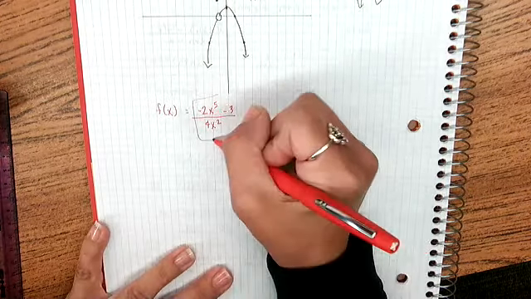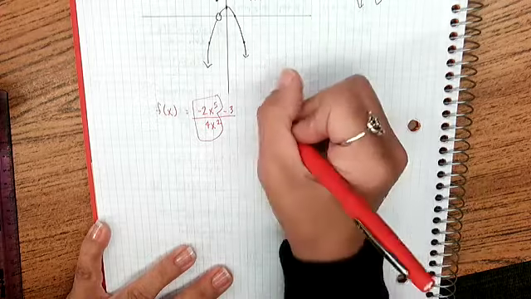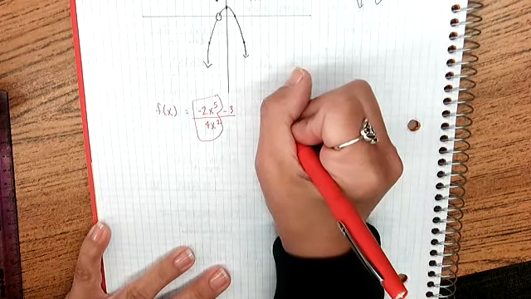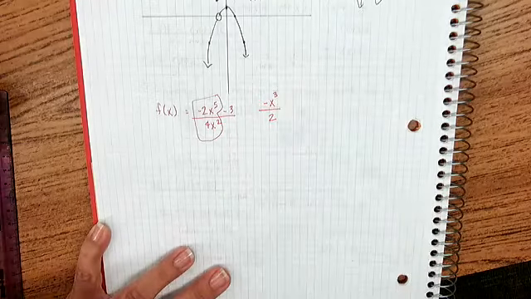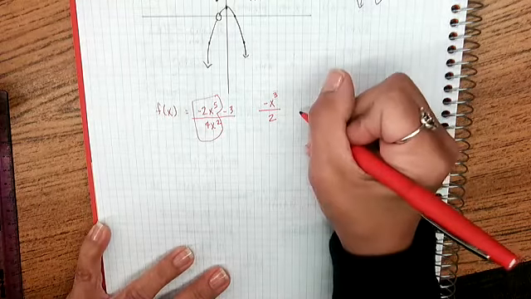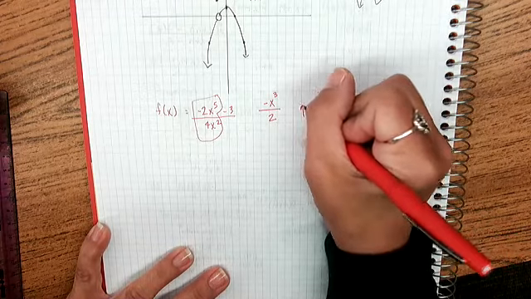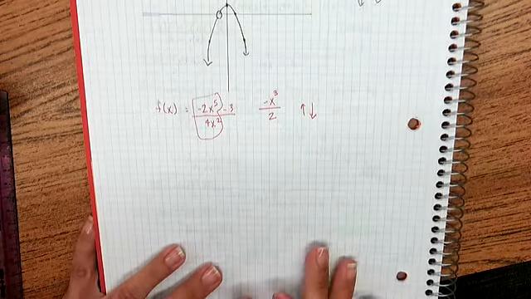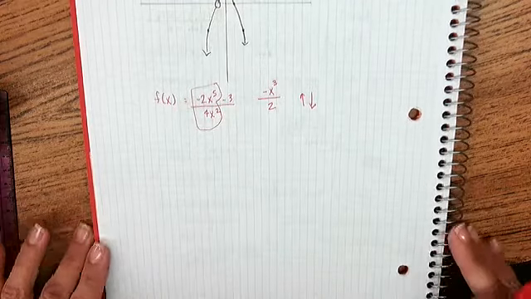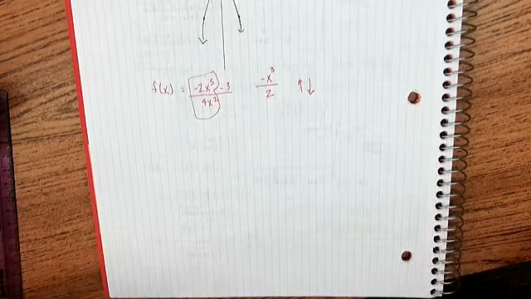We care about the lead. If you reduce this, you would get -x cubed over 2. So the end behavior for this is up, down. It's a reflected cubic. So if you memorized that all from last semester and you don't remember it, that's because you memorized it.